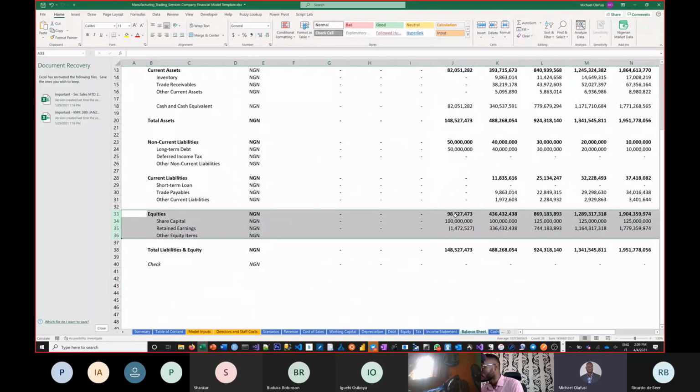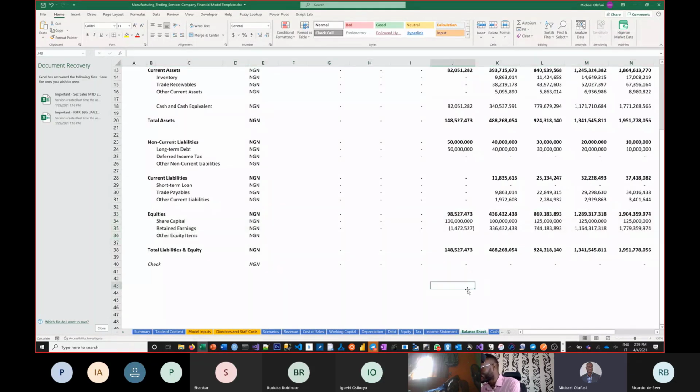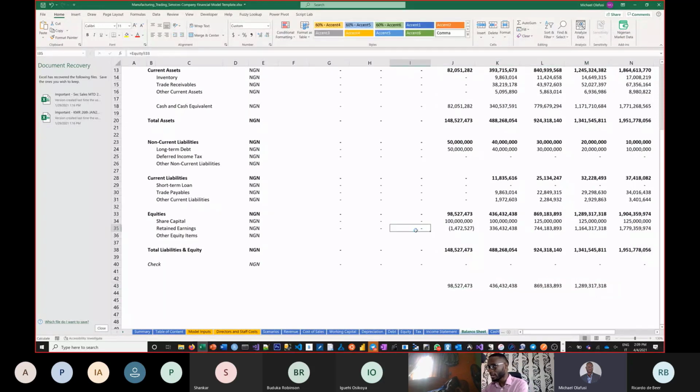If you take the total assets and take out the total liabilities, what you get will always be equal to the equity. So let's not even worry ourselves about the mathematics. Just know that you will always get the equity from the balance sheet.